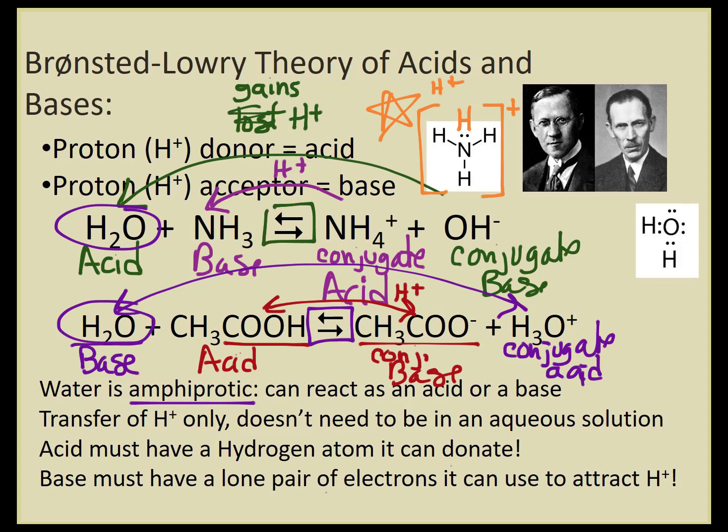The same thing can happen to my water. My hydrogen can join right here, and then this whole thing has a plus charge. That is my hydronium right here. So we're adding the H plus. Make sure you add the H and you add the plus.